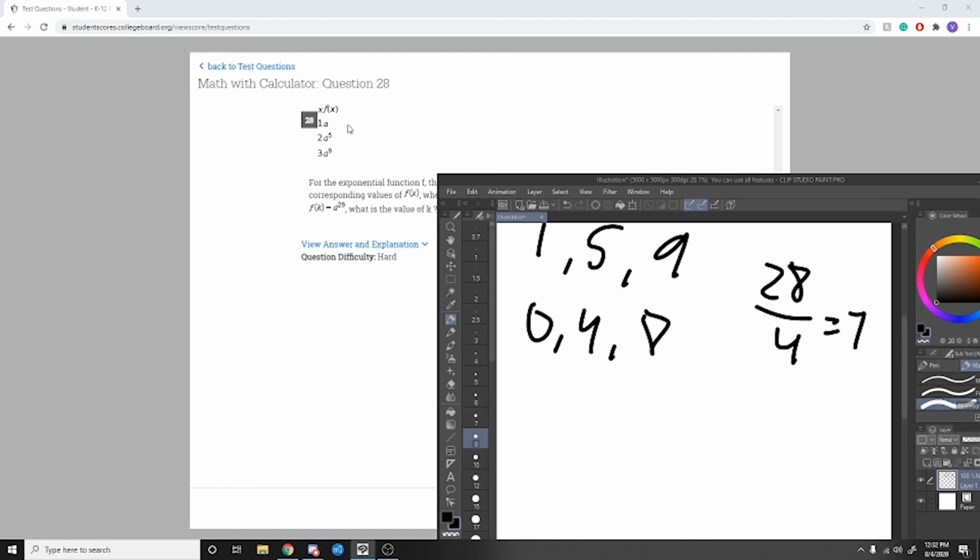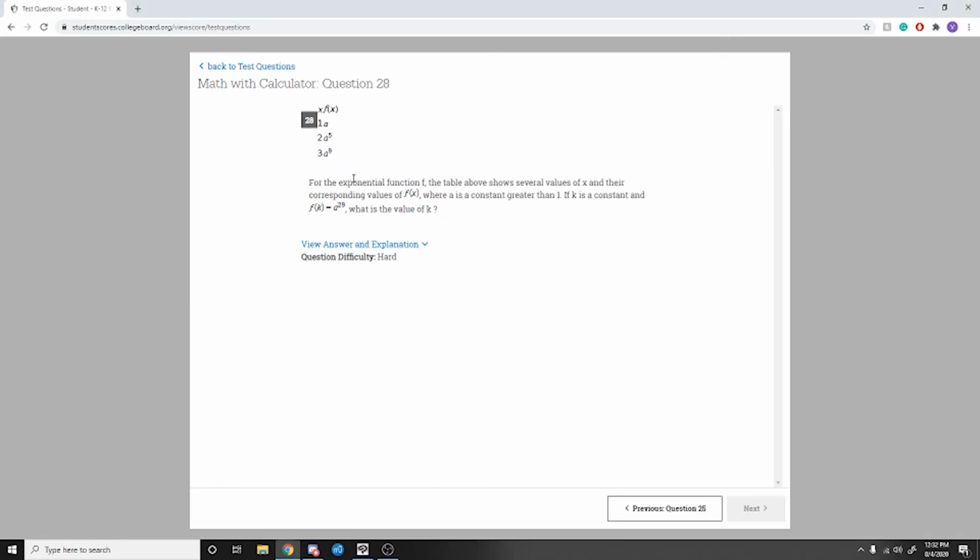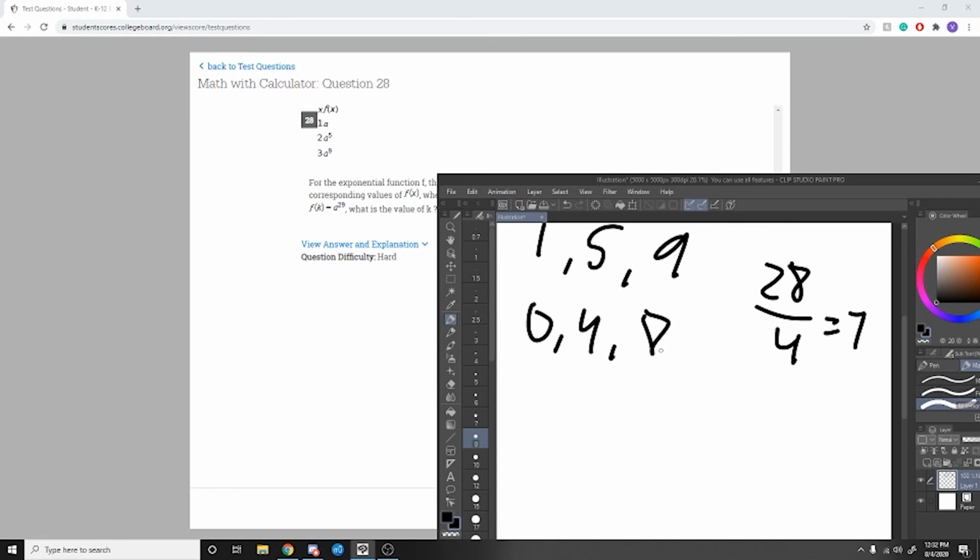Trying to think how to explain this. If you do 2 times 4, that's 8, and that's not the answer, so you can't do it that way.